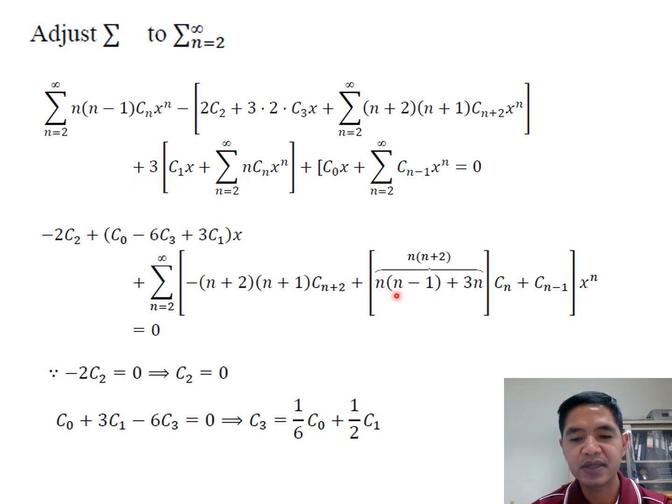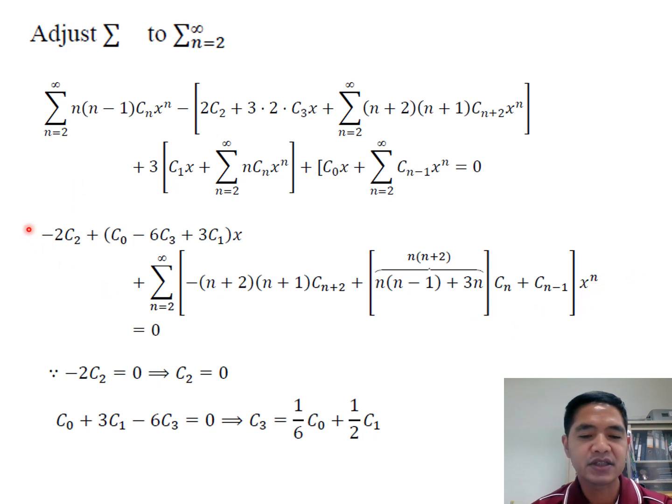So n times n minus 1 plus 3n, and you can combine, you get n times n plus 2 in this one. And in the last term, it's c n minus 1 here, that's only 1. So it's c n minus 1 times 1 altogether here times x to the n.